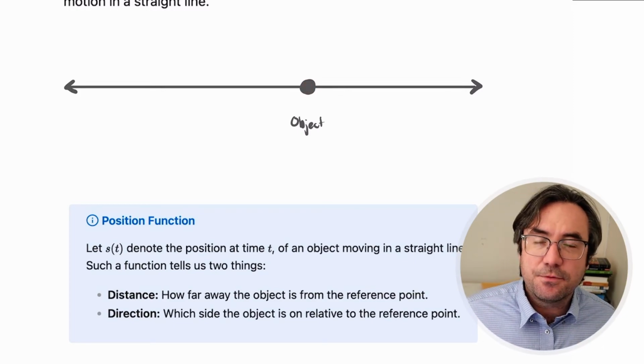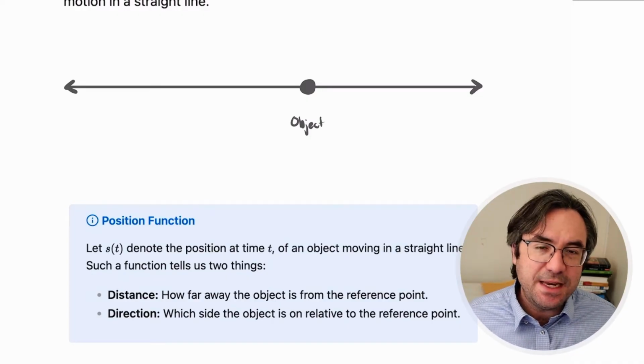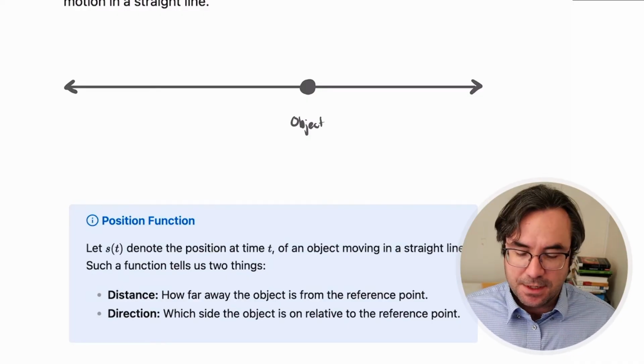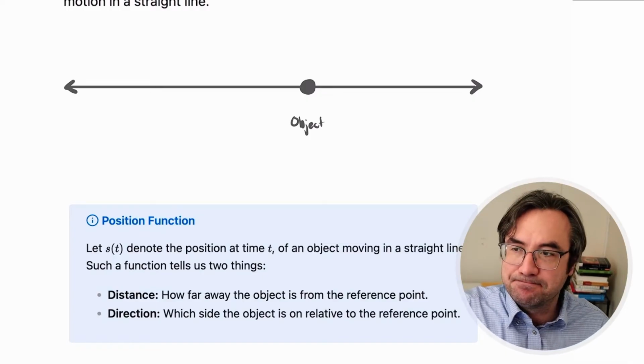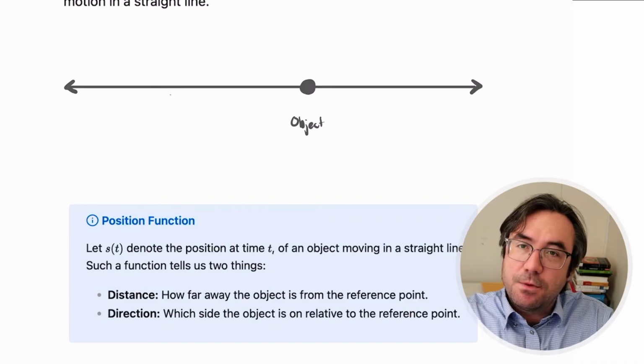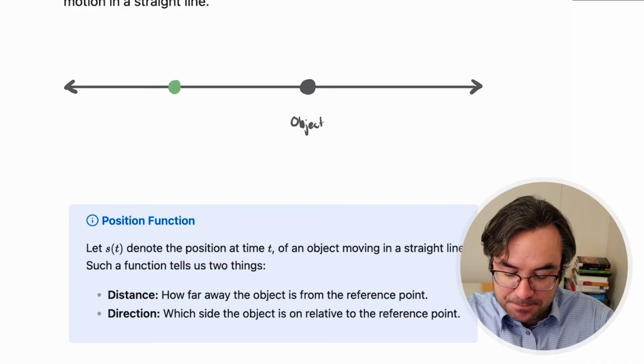Well, in order for us to say where exactly it is, we need to have a reference point. So on this line, we're going to pick one point, and we're going to give this point a special name. We're going to call it the reference point.